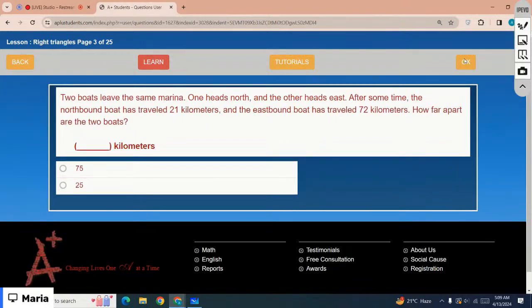Okay, the next one is two boats leave the same marina, one heading north and the other northeast. After some time, the north boat has traveled 21 kilometers and the east boat has traveled 72 kilometers. How far apart are these two boats? So which is the correct option?